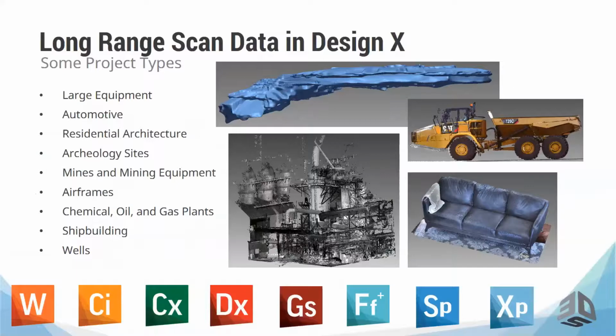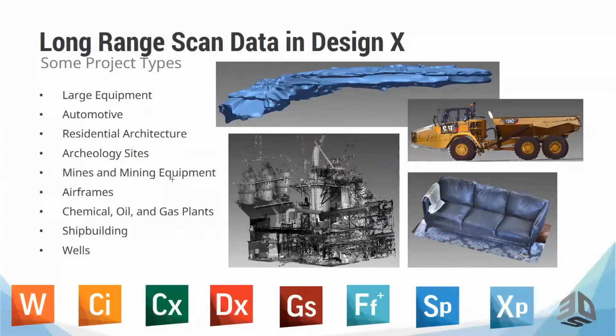We're looking at things on the order of several meters to hundreds of meters in distance. These are things that we would gather from large equipment scans in the mining industry, even some architectural applications like this couch pictured here. This is also a picture of a full plant that is doing some sort of chemical processing.